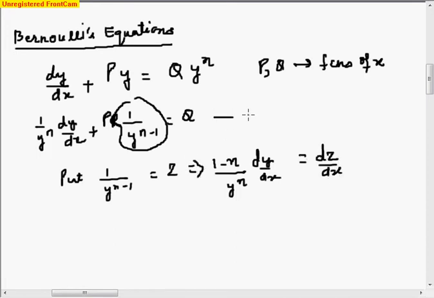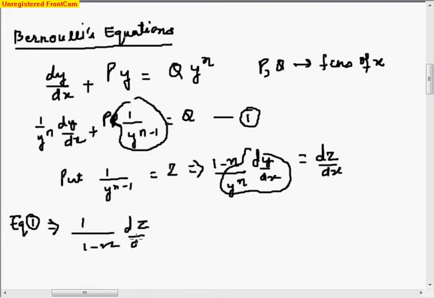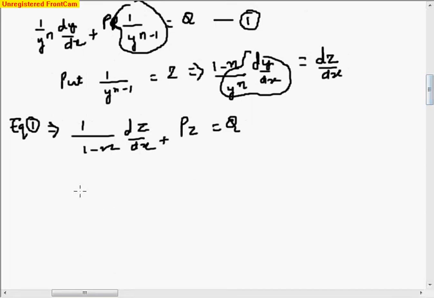So I can write equation 1 as 1 upon 1 minus n dz by dx plus p times z is equal to q, right? This 1 minus n is a constant number, you can take it to the other side. So this is your dz by dx plus p times a number 1 minus n into z is equal to q times a number 1 minus n.